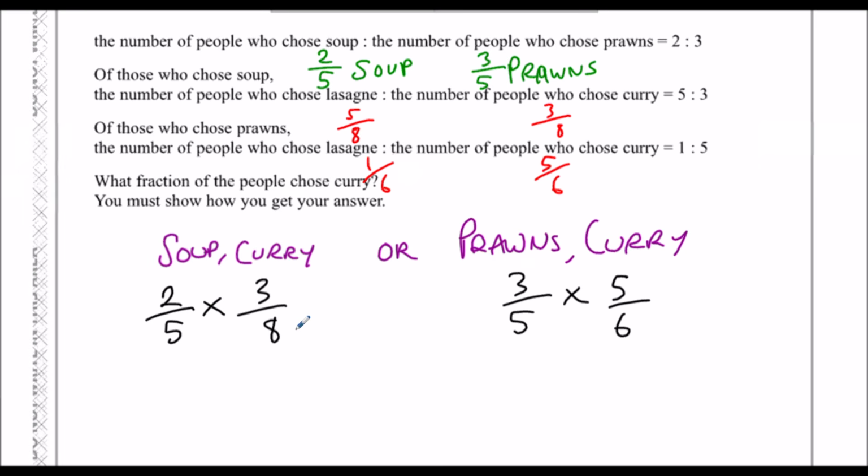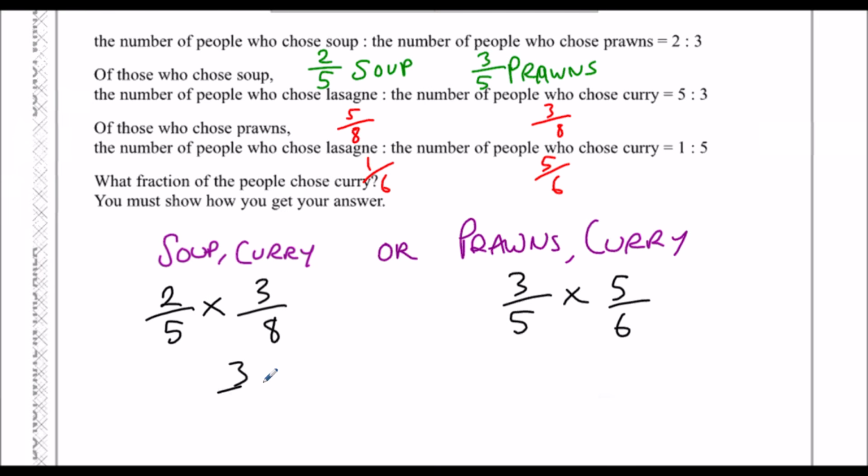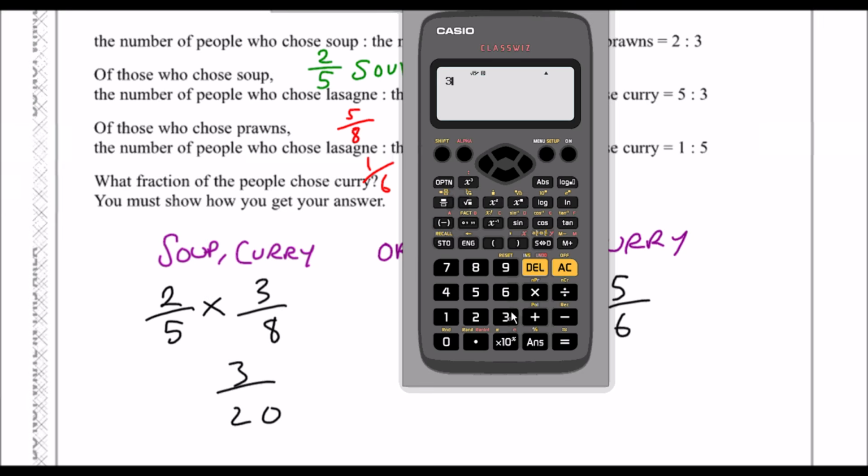So the probability, or the fraction, that chose soup and curry is 2/5 times 3/8, and that's 3/20. And prawns and curry is 3/5 times 5/6, which is a half.